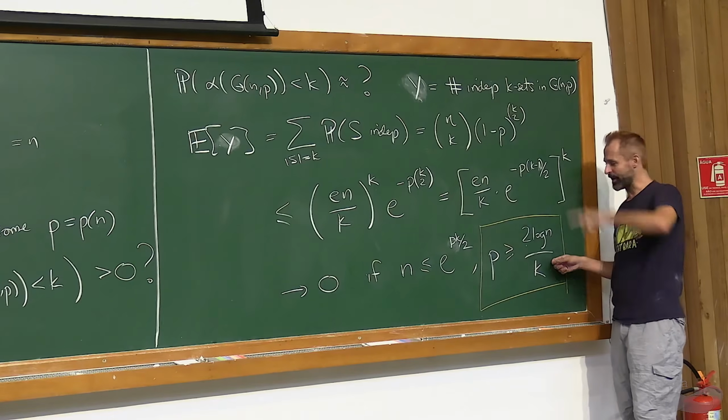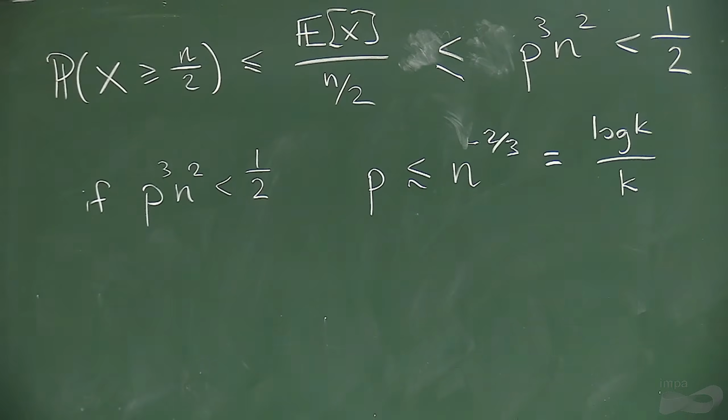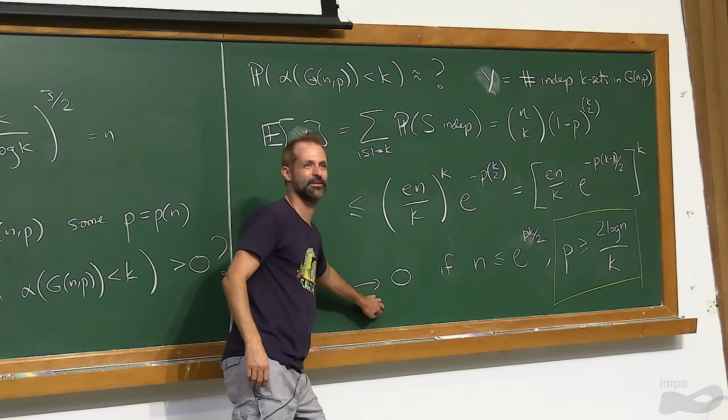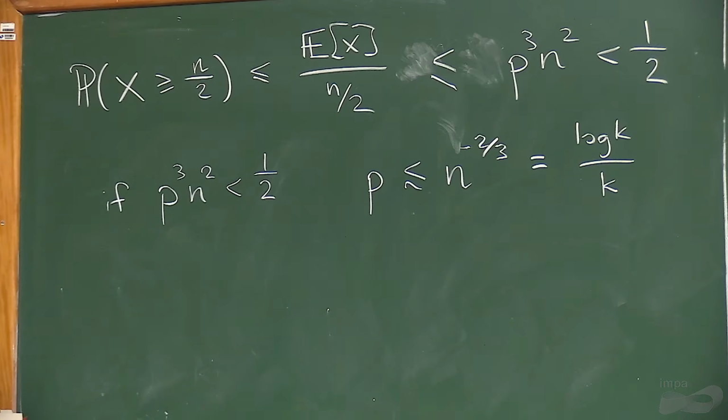We can choose p to be n to the minus 2/3. And suddenly this is true. And also, this is true. So we've shown that with positive probability, actually with high probability, G(n,p) has no independent set of size k and has at most n over 2 triangles.